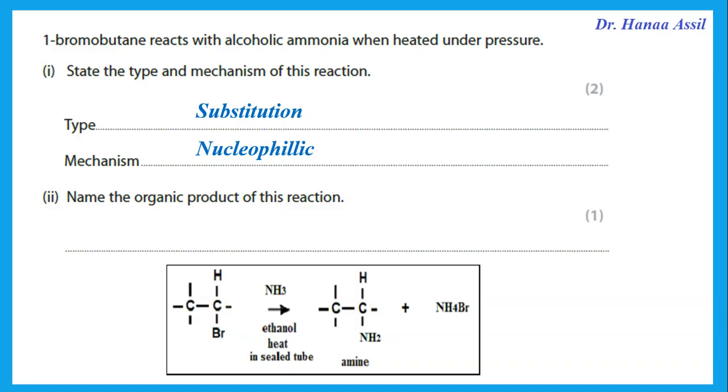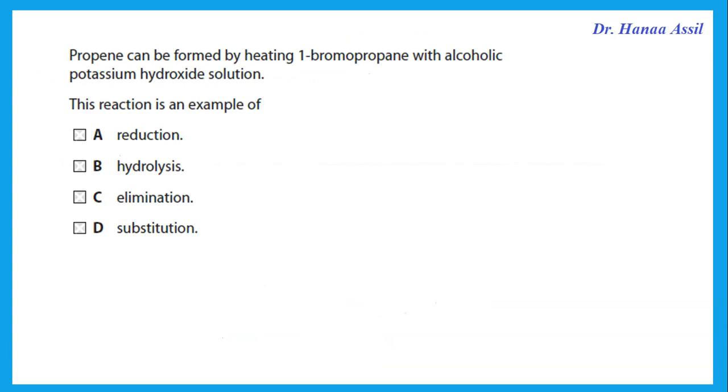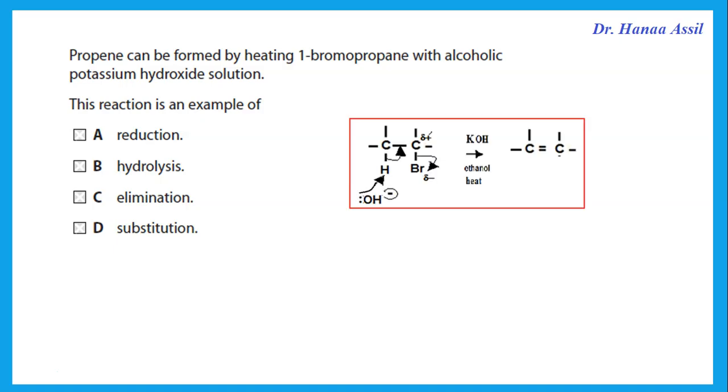Name the product formed. If I'm starting with 1-bromobutane, my product would be 1-aminobutane. Propene can be formed by heating 1-bromopropane with alcoholic potassium hydroxide. Again, when we say alcoholic potassium hydroxide, which reaction is happening?